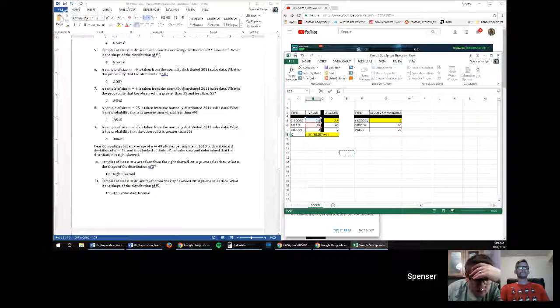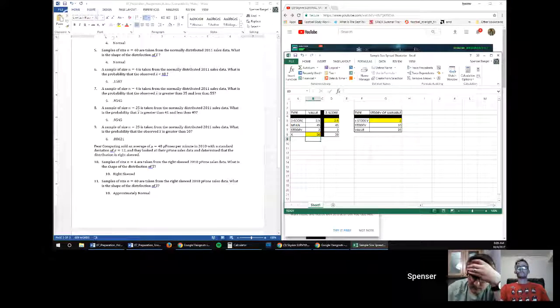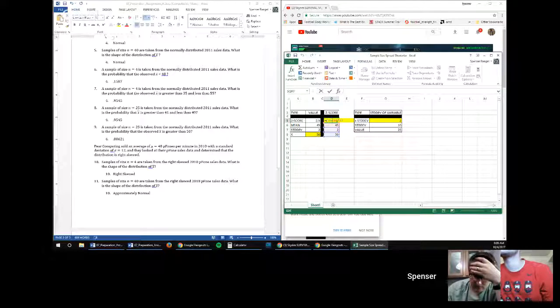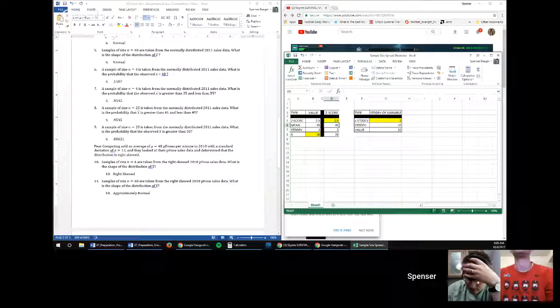And then I have this formula to find your z-score on the right column. It's just your value minus your mean divided by your standard deviation. And then over here on the right box, I have the formula for finding the standard deviation of your random variable or your sample size.